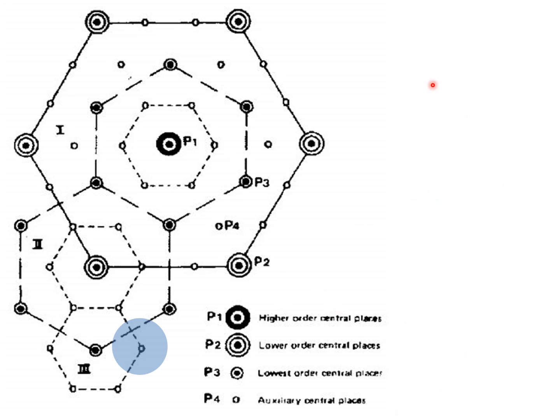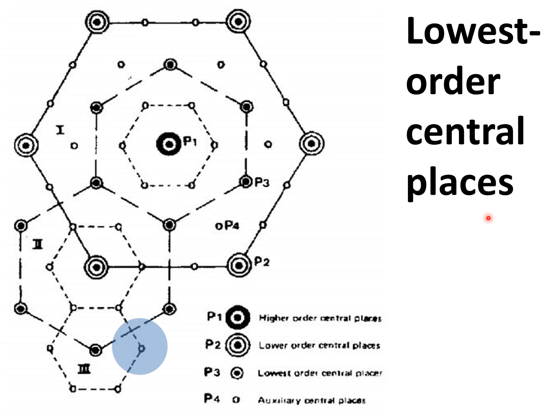One of the points of this slide is that for lowest order central places, which would actually correspond to this P4, whatever goods and services are found at lowest order central places, let's say that you can buy some milk and bread and a newspaper at these lowest order central places.